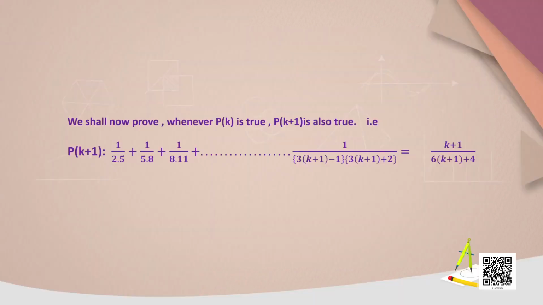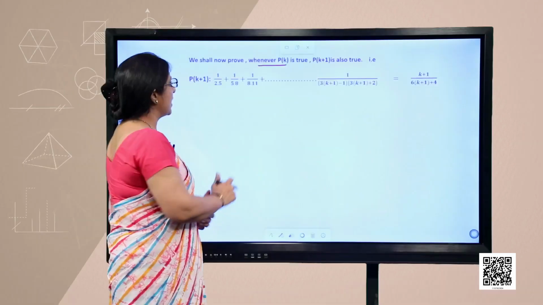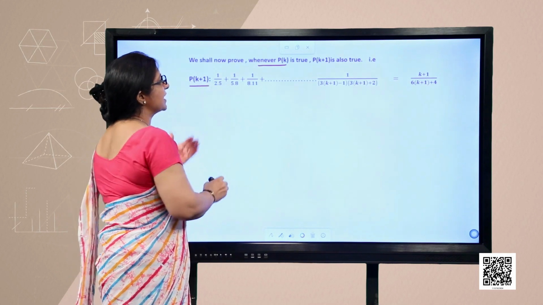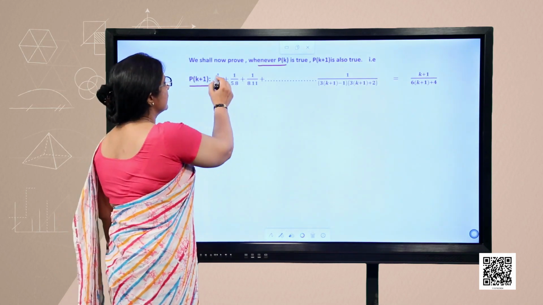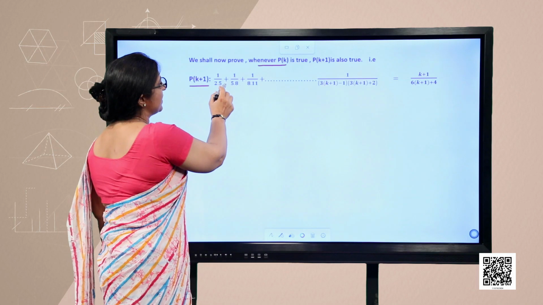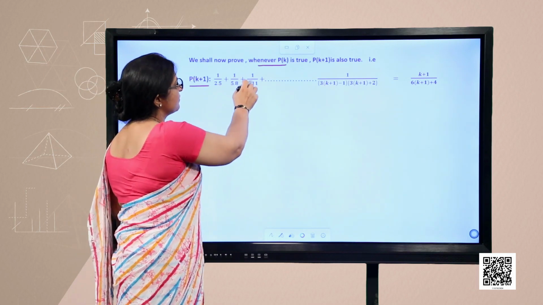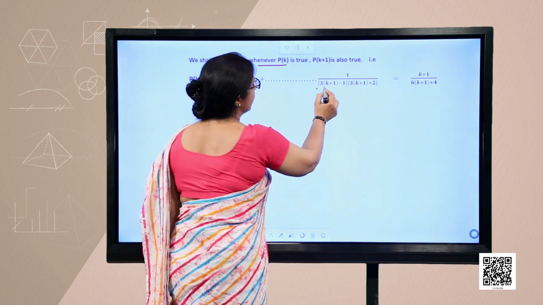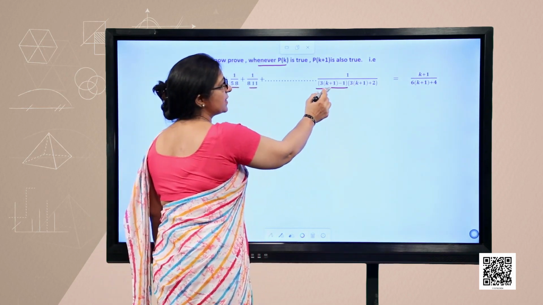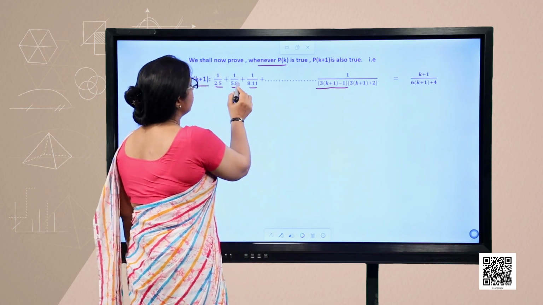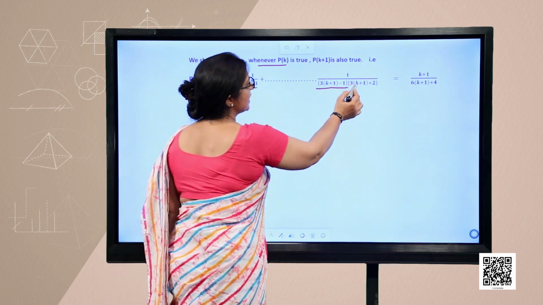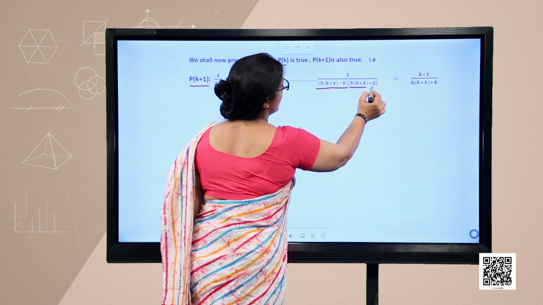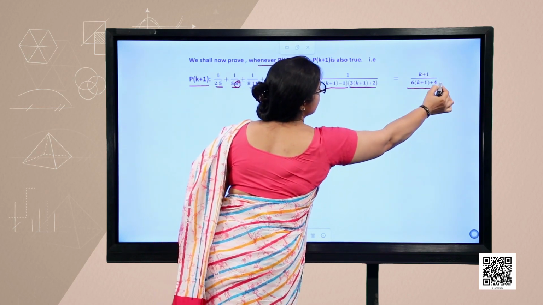As we discussed earlier, we shall now prove whenever Pk is true, Pk+1 is also true. Now what is Pk+1? The statement we have rewritten again, which is 1 upon 2 into 5 plus 1 upon 5 into 8 plus 1 upon 8 into 11. That can be written in general form like this: 3(k+1) minus 1, and in place of this second term 3(k+1) plus 2, which will give us this result.